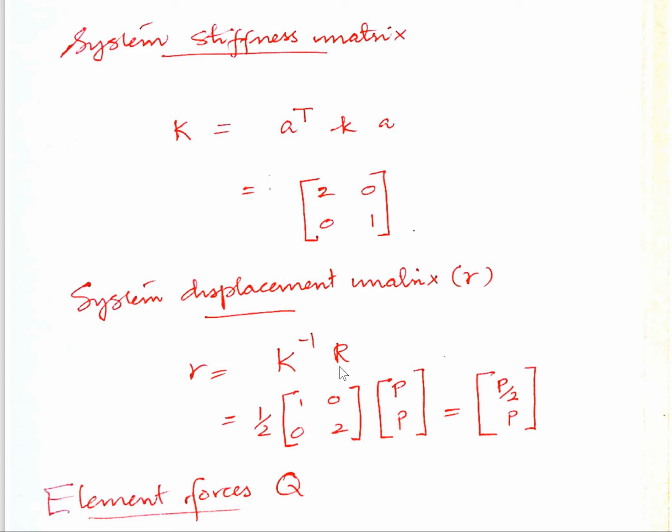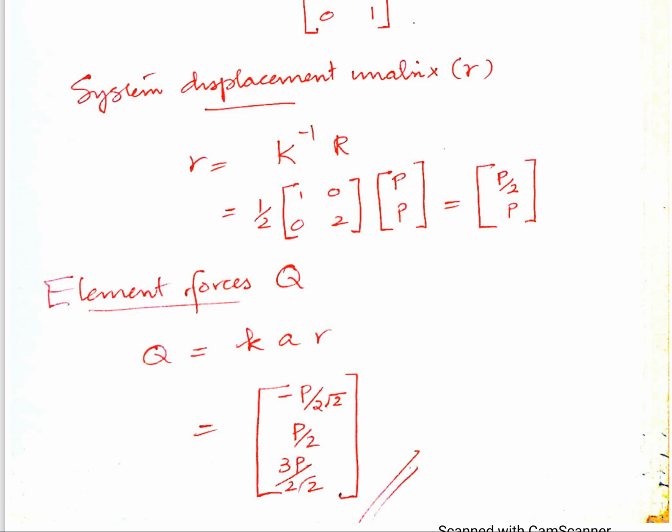So multiply with the K inverse. System stiffness matrix ന്റെ ഇൻവേഴ്സിനെ കൊണ്ട് system force matrix multiply ചെയ്തു കഴിഞ്ഞാൽ we get the system displacement matrix small r. So small r is equal to P by 2 P. Final step is element forces. Q is equal to small k into A into small r.